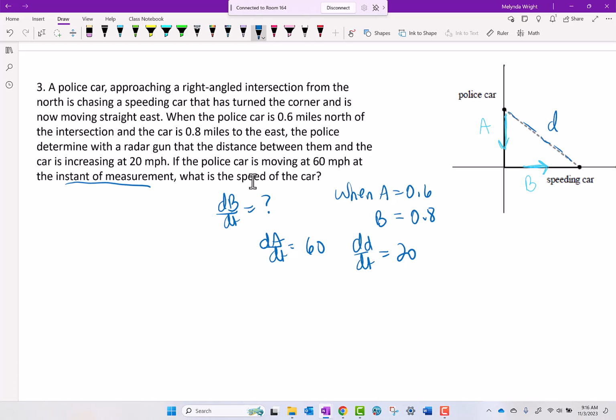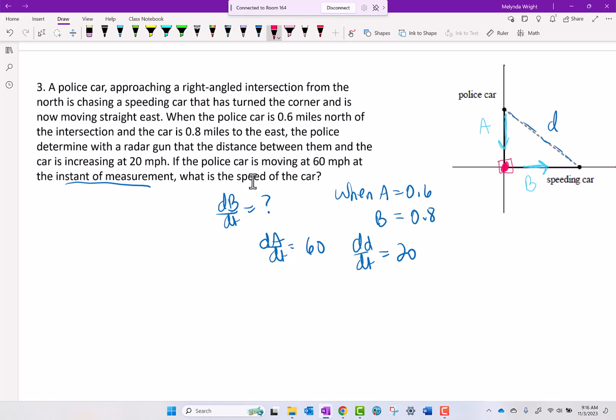It all depends on the focal point of the problem. Notice that the problem is focused on this corner. This is the corner that everything is in reference to, because we're coming from the north to the corner, and we're going to the east from the corner. So this is our point of reference.